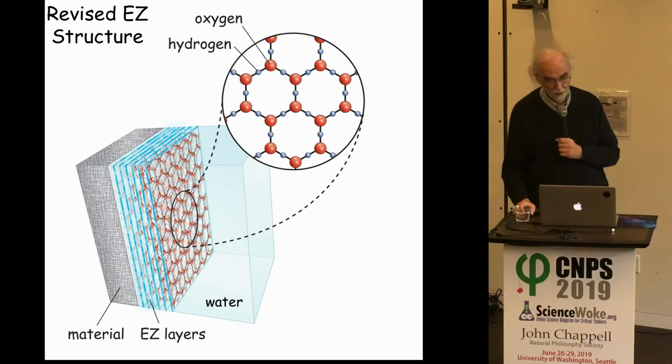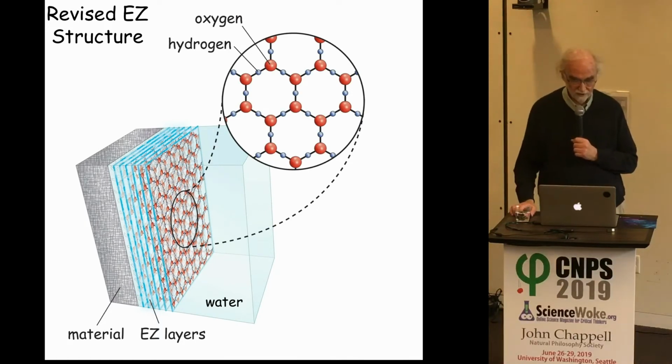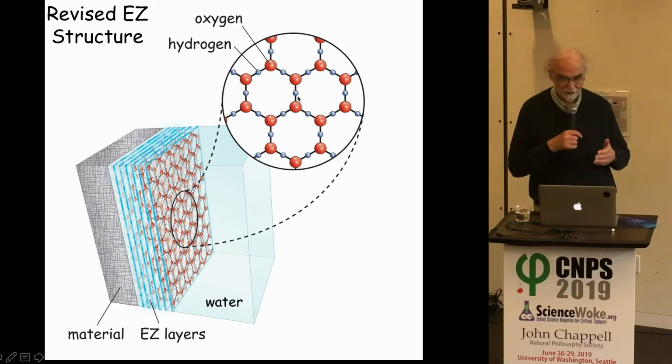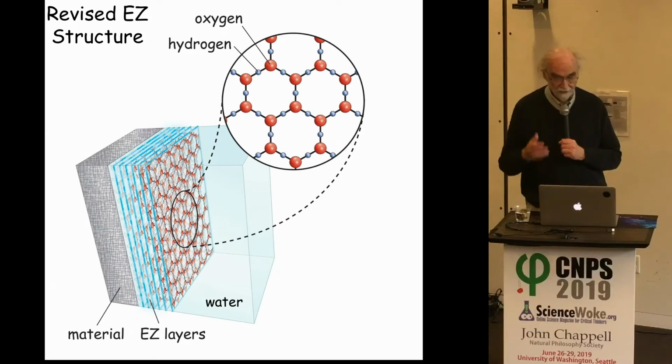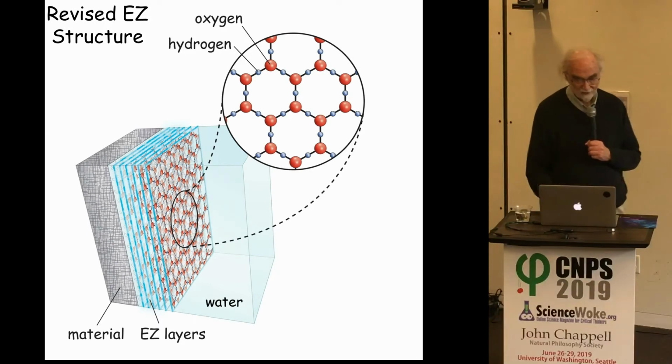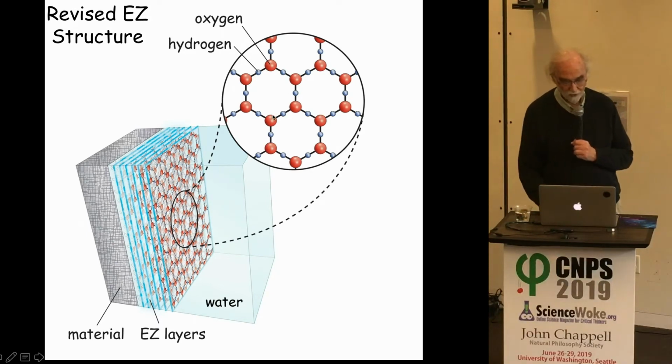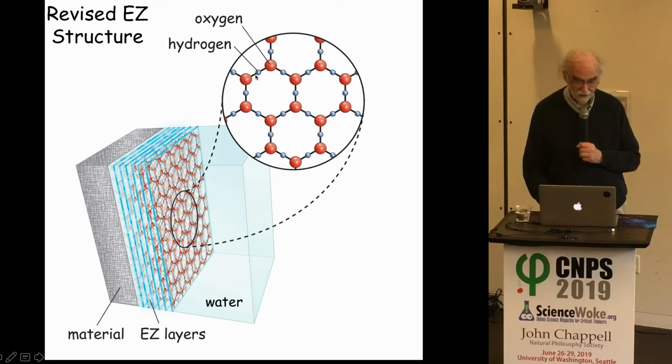And if you look at the structure of one of these sheets, it looks like this. It's a honeycomb. It's a hexagonal, and as you know, nature likes hexagons. And there's much evidence for hexagonal structures of water, especially interfacial water, even ice. And it consists of the red oxygens and the blue hydrogens lined up this way.